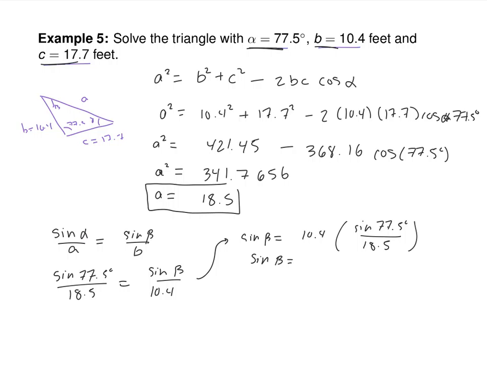So I got sine beta is, I skipped a step, 0.5488. And so beta is, I got 33.3. And then can you find your last angle?